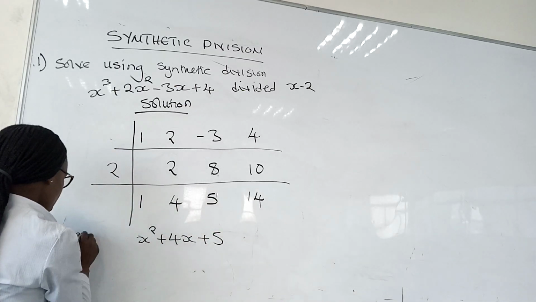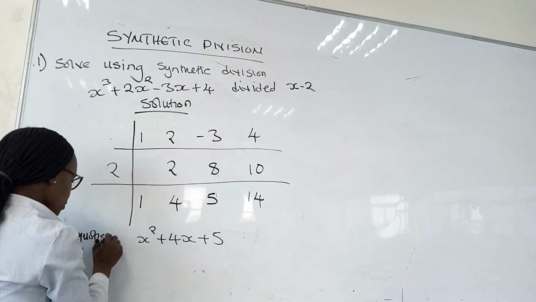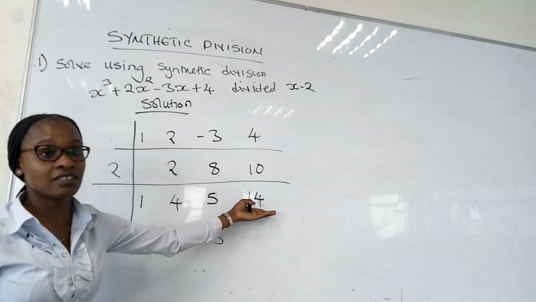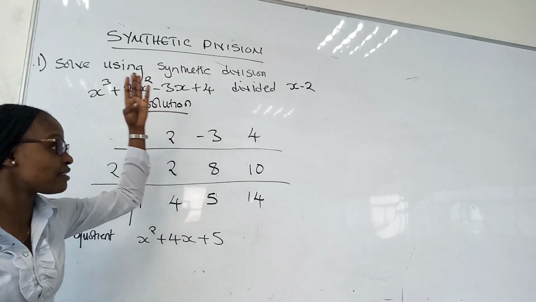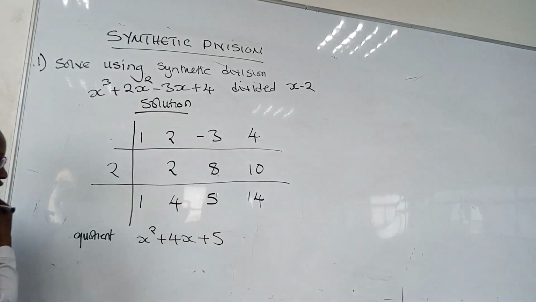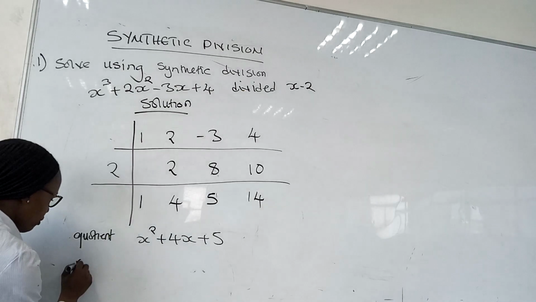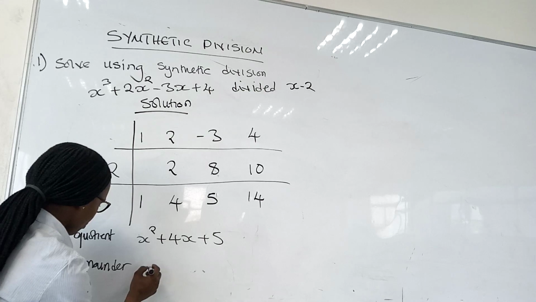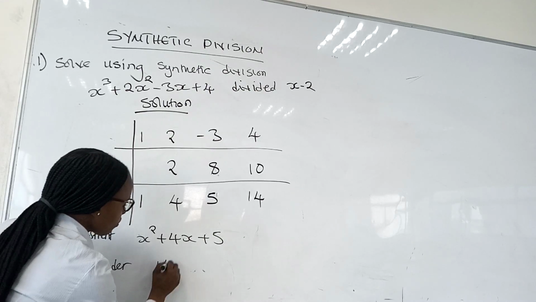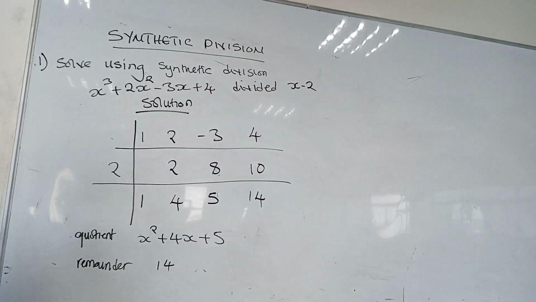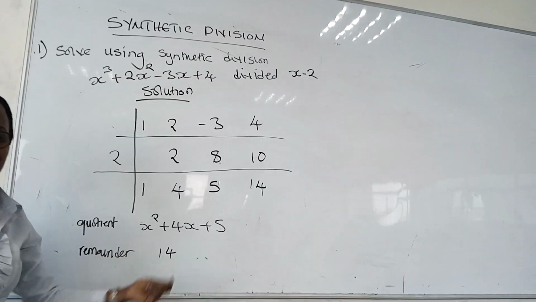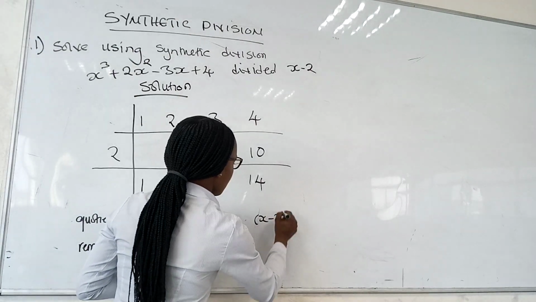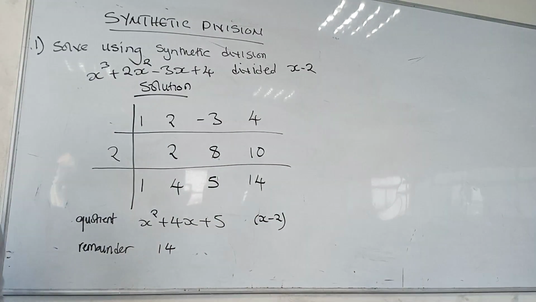So this is going to be our quotient, and the remainder is simply the value that we have in the last column of the last row. So the remainder is 14. And when we look at this with the value that we are multiplying, this was x minus 2. And we are done with that.